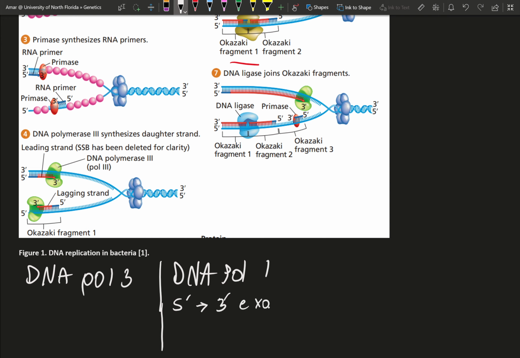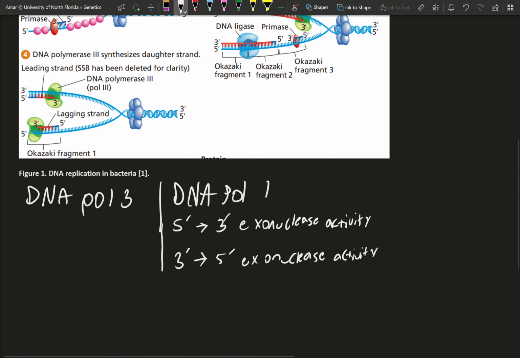And I might as well write it down. And then it also has an ability to do a 3' to 5' exonuclease activity. While DNA polymerase 3 only has the function to do a 3' to 5' exonuclease activity.